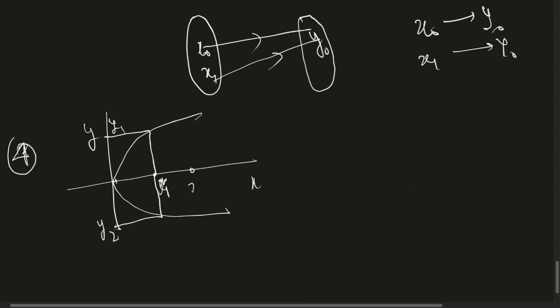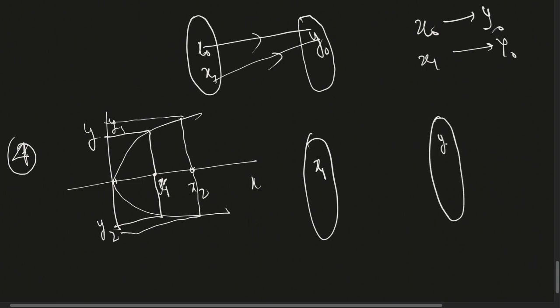Similarly, for this, let us say x2, this is one value, and this is another value. So we can see that for one x, let's say this one x1, there are more than one elements in codomain. x1 is being mapped with y1 also and y2 also. So this is not a function, or this graph does not represent a function.